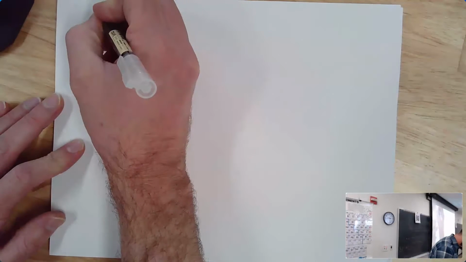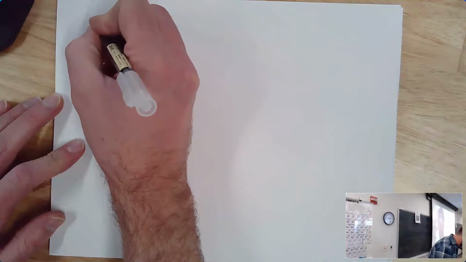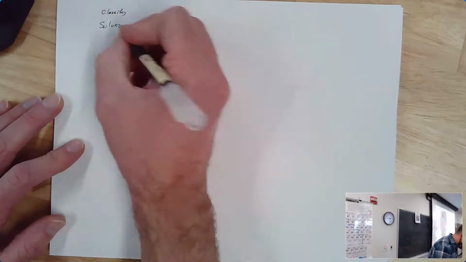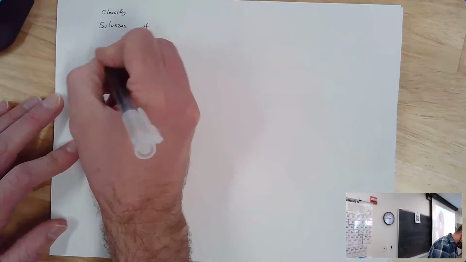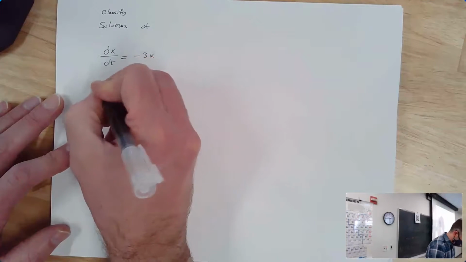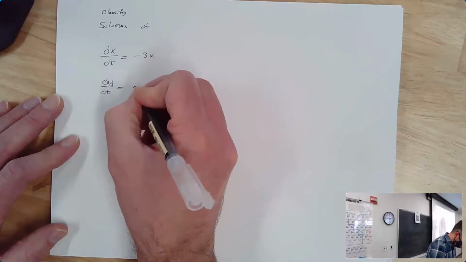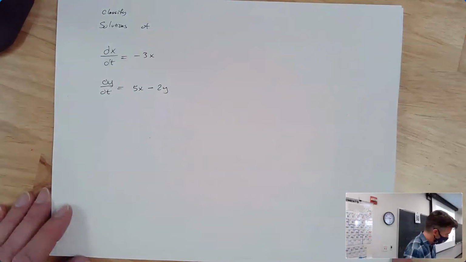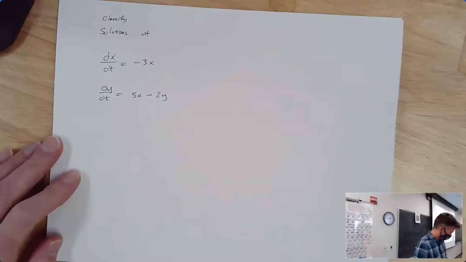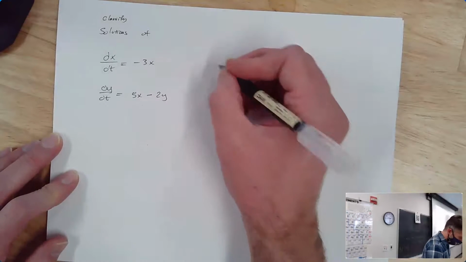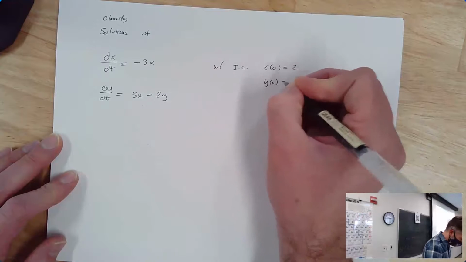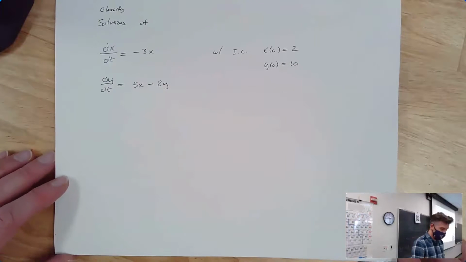Let's say we want to classify the solutions of this system. dx/dt equals negative 3x and no y, and dy/dt equals 5x minus 2y, with the initial conditions x of 0 equals 2, y of 0 equals 10.